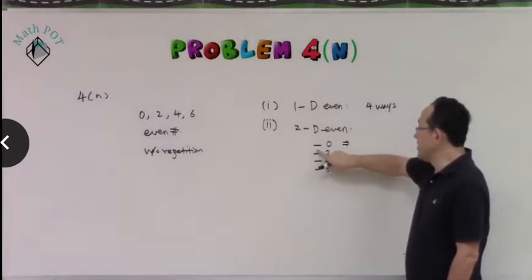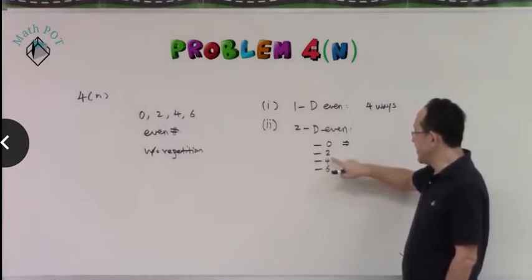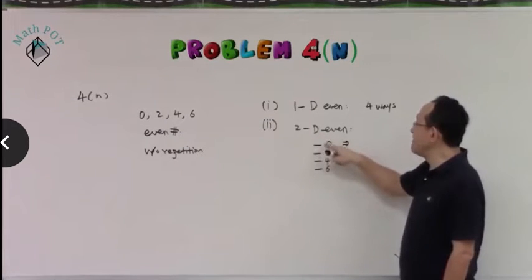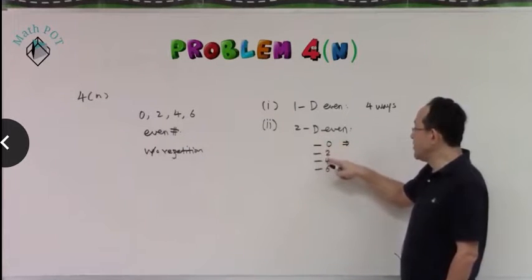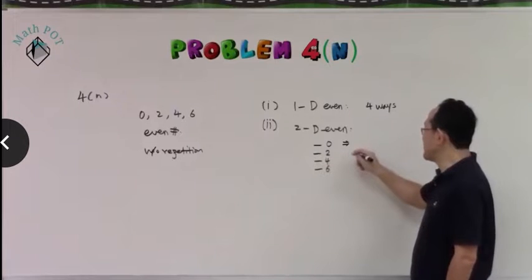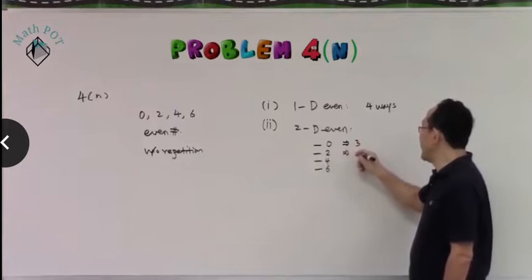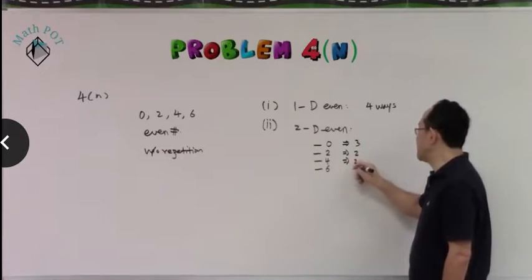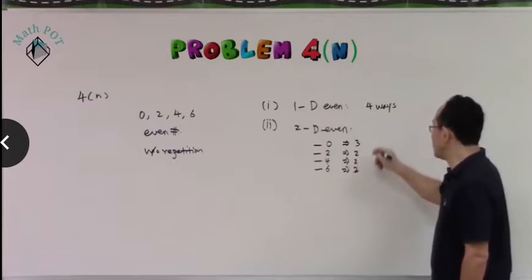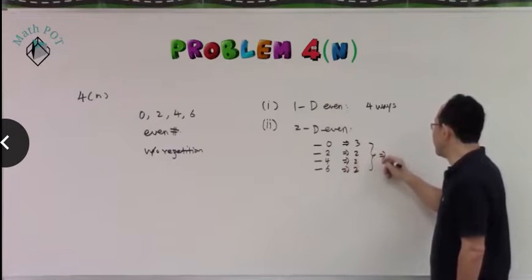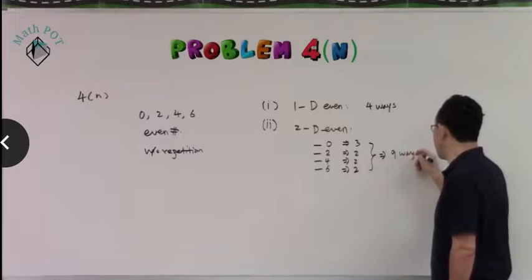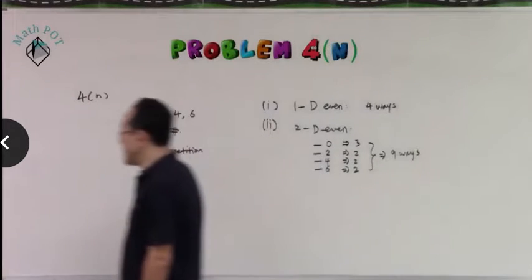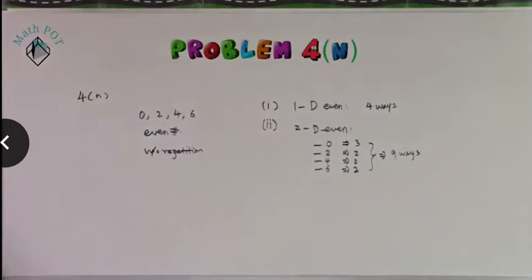Clearly, we cannot use 0 here. Now for the last digit, if it is 0, we have 3 ways; if it is 2, we have 2 ways; 4 has 2 ways; and 6 has 2 ways. The total is 3 plus 2 plus 2 plus 2, which gives us 9 ways. Try to fully understand why we end up with 9 ways.